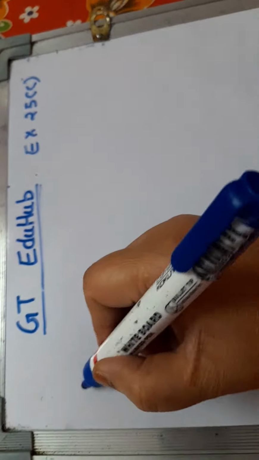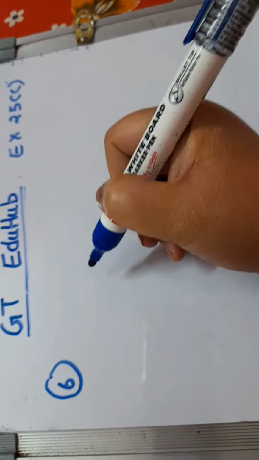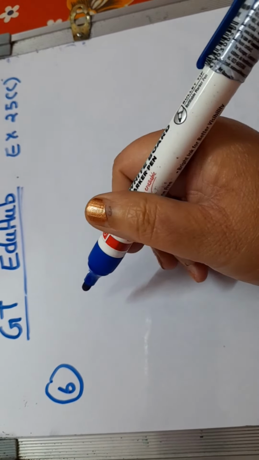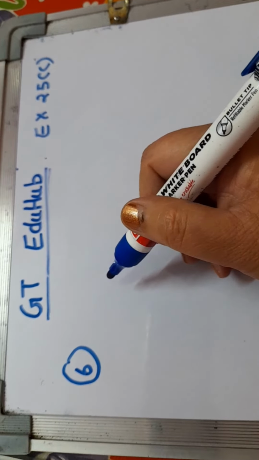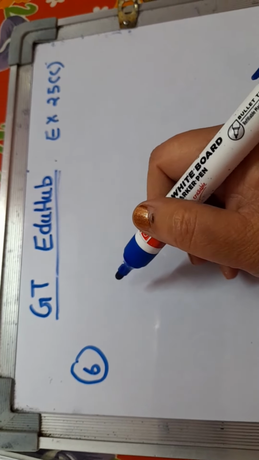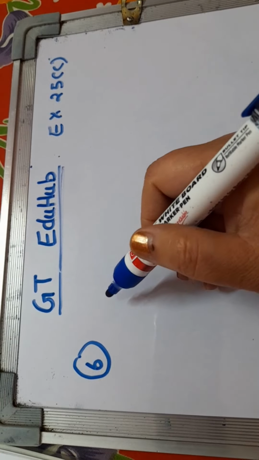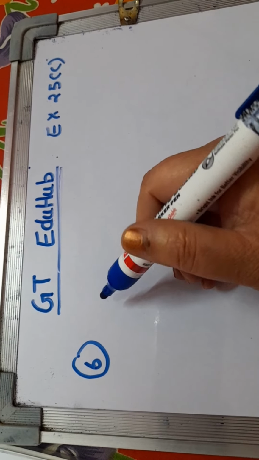Students, now I will do question number 6. A man tosses two different coins, one of rupee 2 and another of rupee 5 simultaneously. What is the probability that he gets at least one head? First of all, we will list all the probable outcomes.